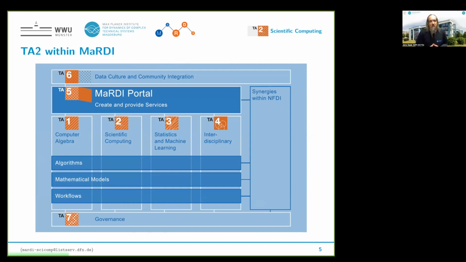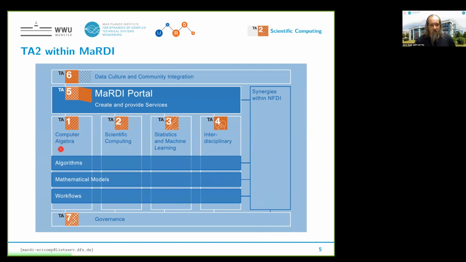Right, so here's the global setup of the MaRDI consortium. Basic idea is that the setup is structured along the data types that people are dealing with.